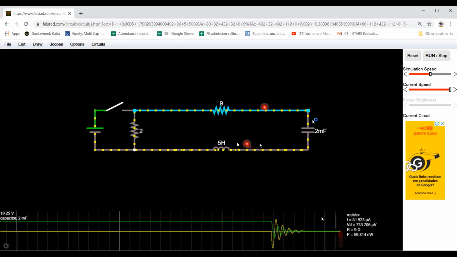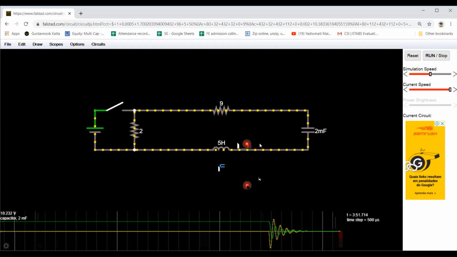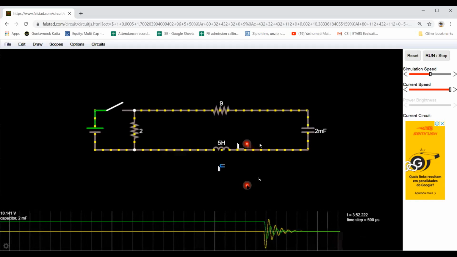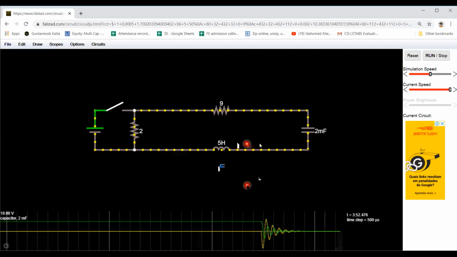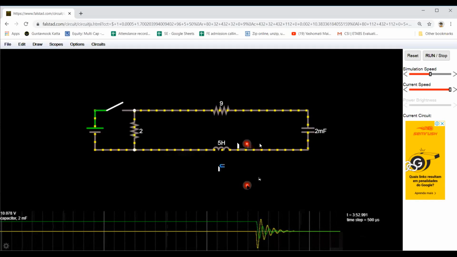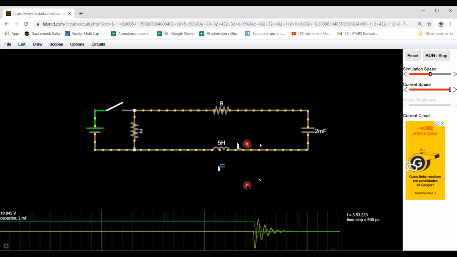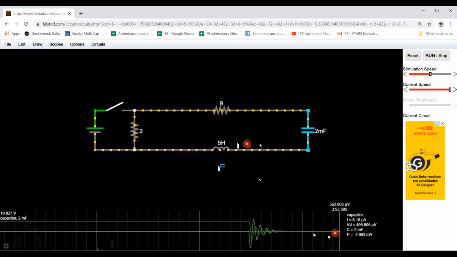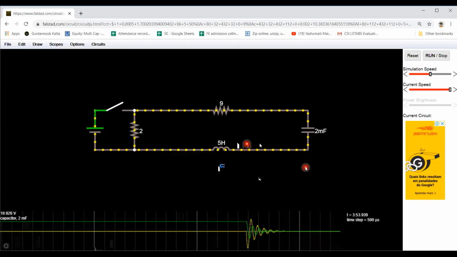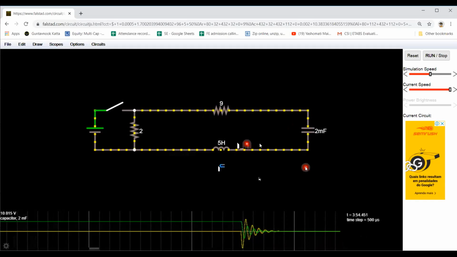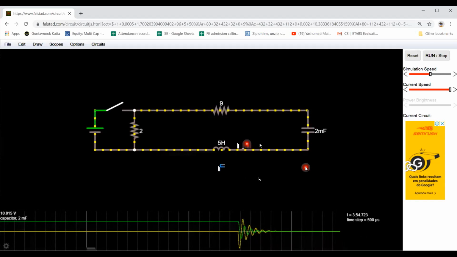That means in the circuit, there won't be any energy stored across any components, on the capacitor or inductor. And you can observe here, both the values have now gone to 0. So this is for the underdamped system.